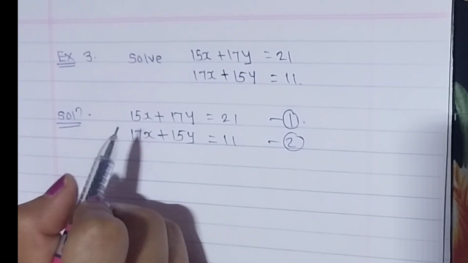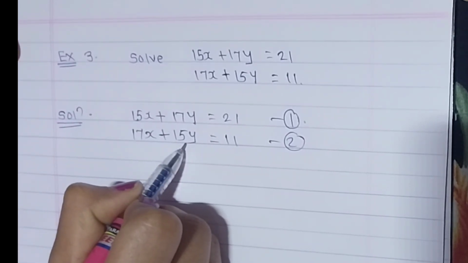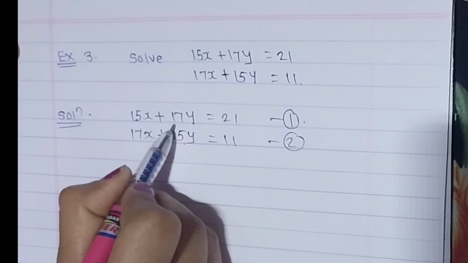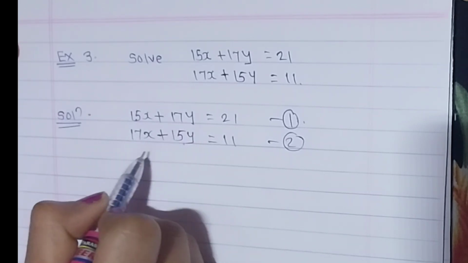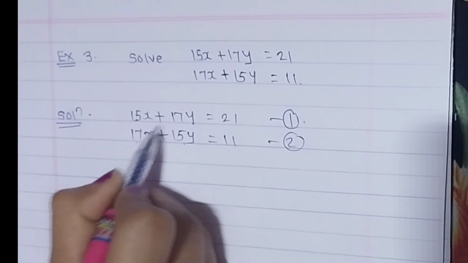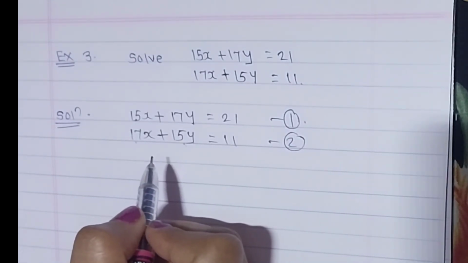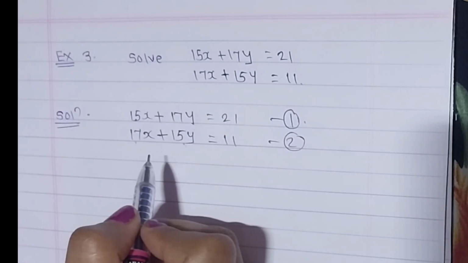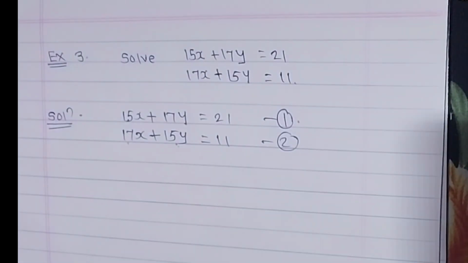Now in these equations the coefficients of x and y are interchanged. That means the coefficient of x in the first equation is 15, it becomes the coefficient of y in equation number 2, and the coefficient of y in equation number 1 becomes the coefficient of x in equation number 2.